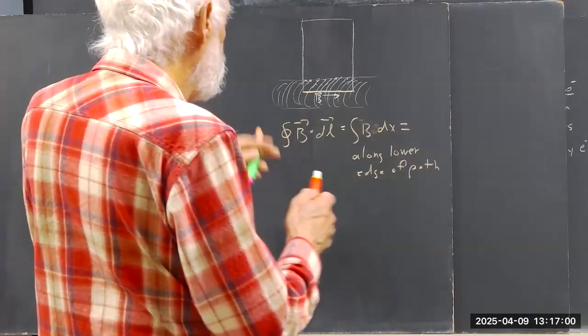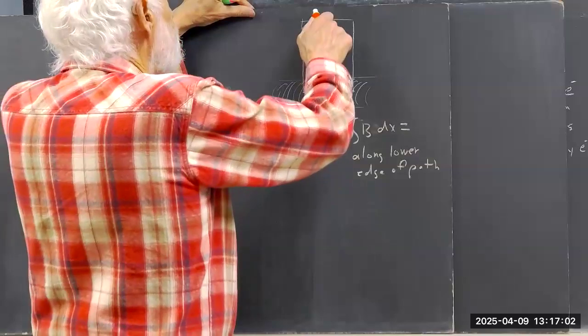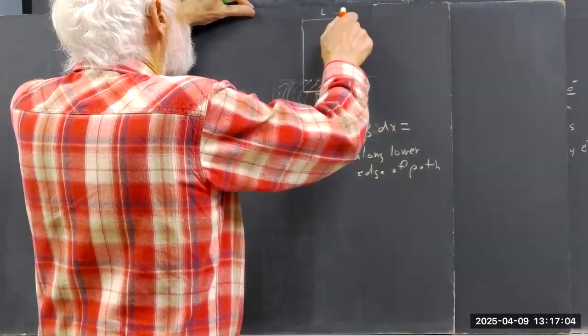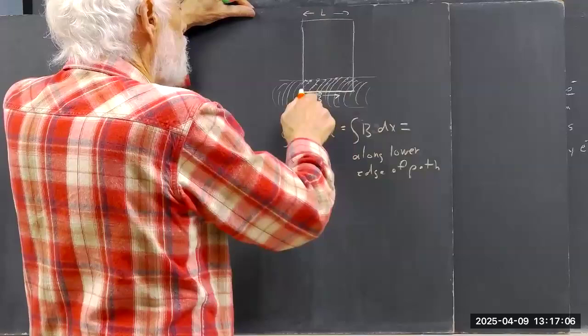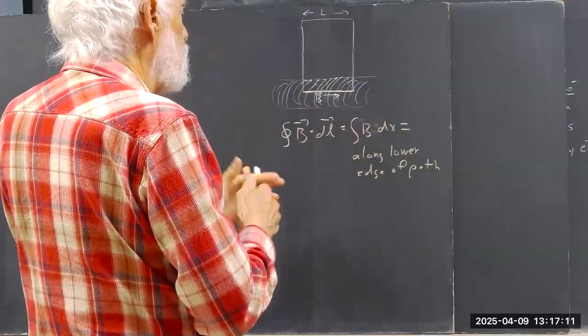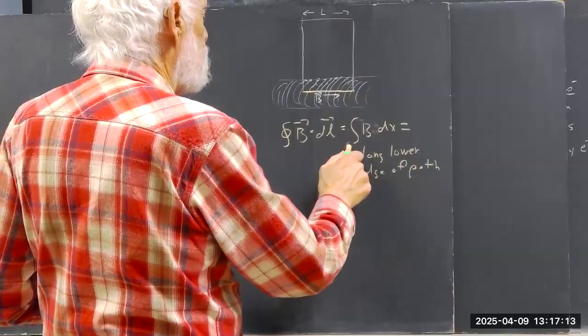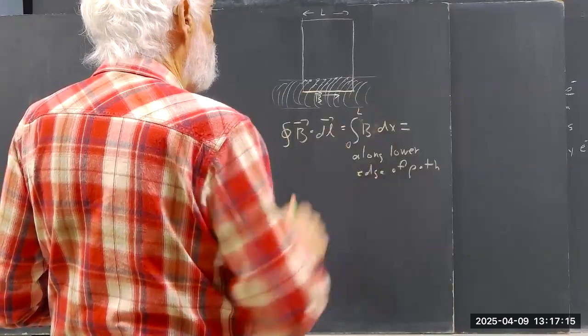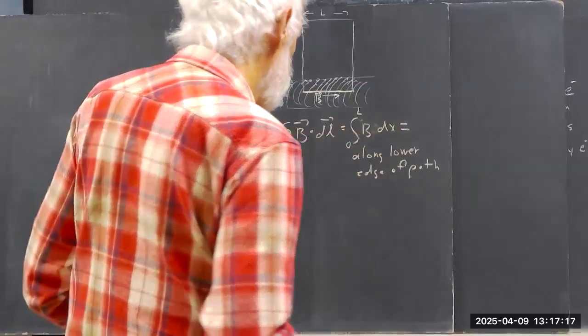Well, I'm going to give this loop a length. Assume it's a rectangular loop, so this distance is equal to this. This would be like the integral from 0 to L of B dx.